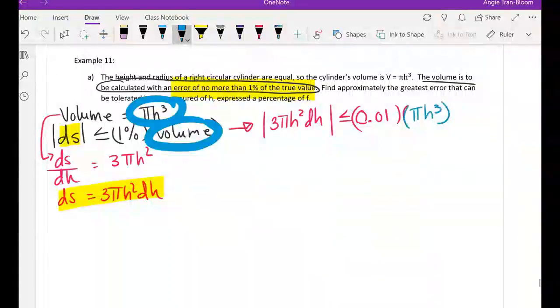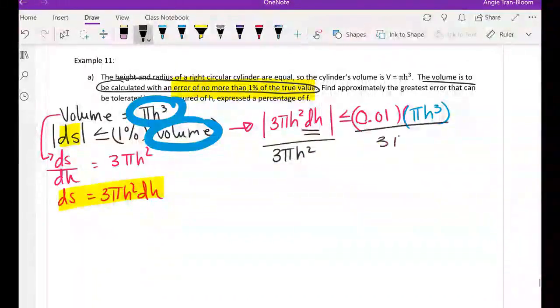So now let's do basic math. As you know, we are trying to solve for dh, so I have to get it by itself. The reason the absolute value is around it is to represent that the change can be in the negative or positive direction. Now, when you're solving for it, you don't need to worry about it. We're just going to divide both sides by 3 pi h squared. Cancel, cancel.